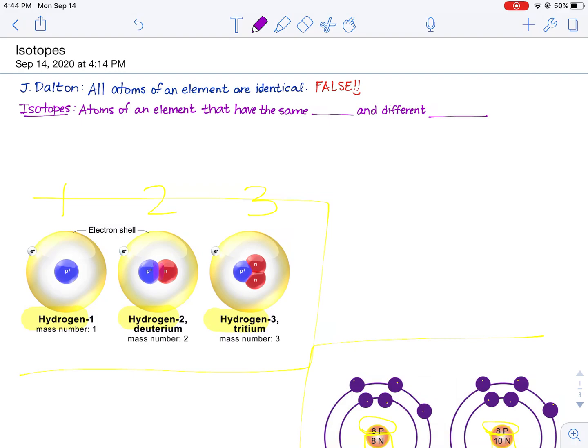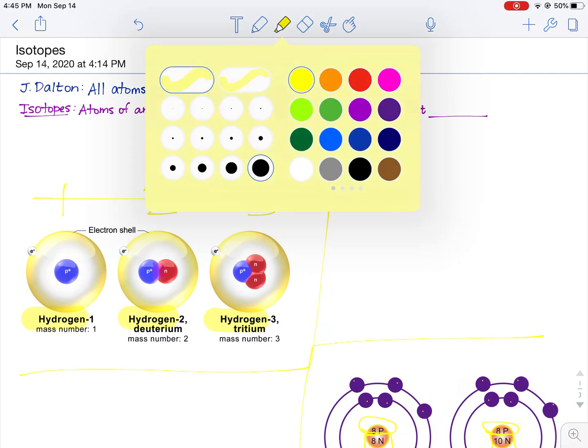Let's go back to the pictures and see if we can fill in these two blanks.